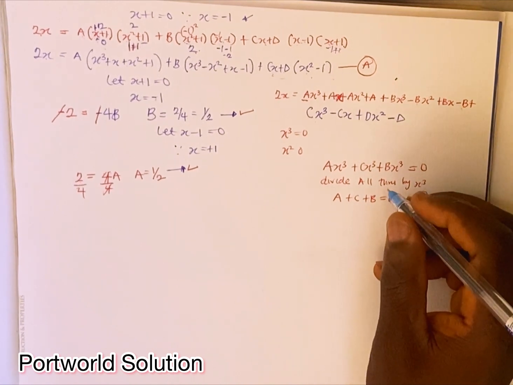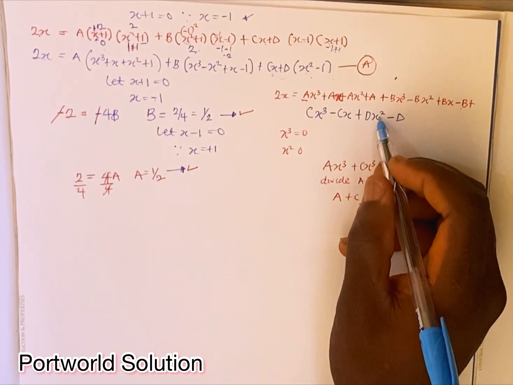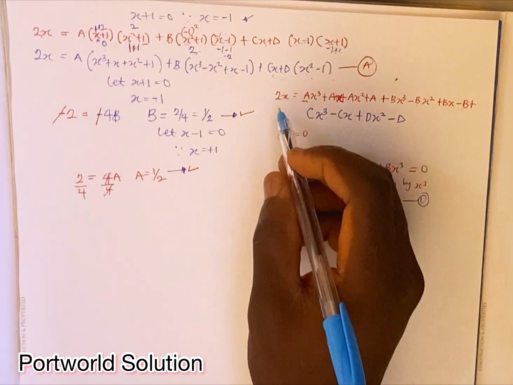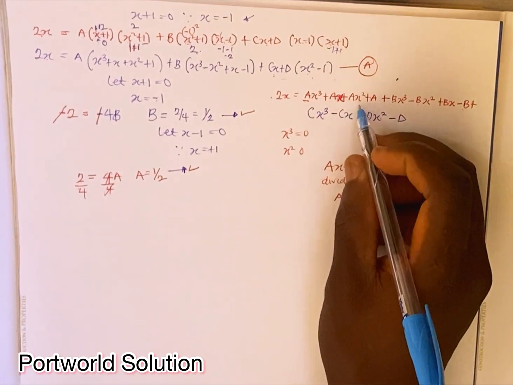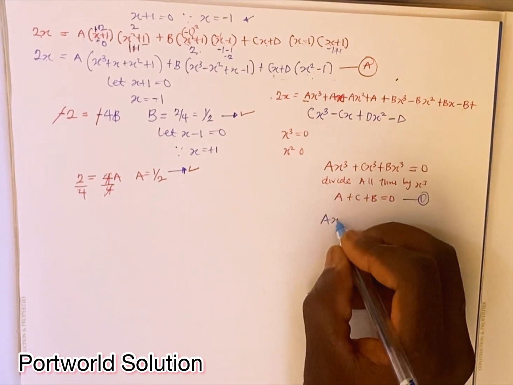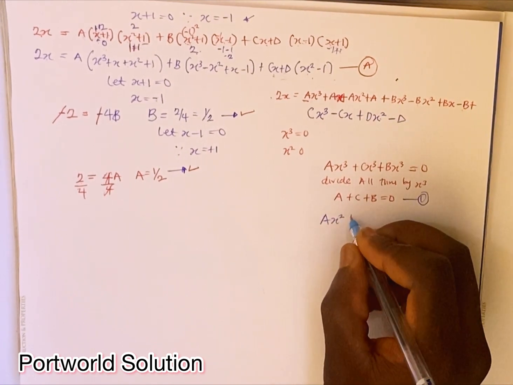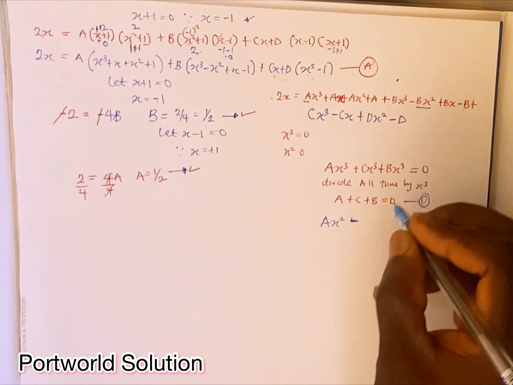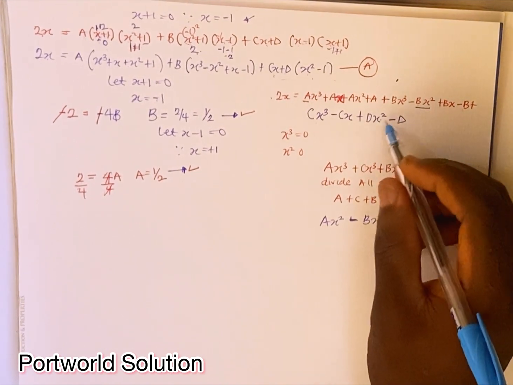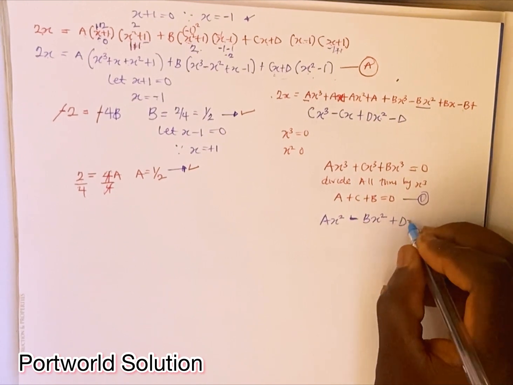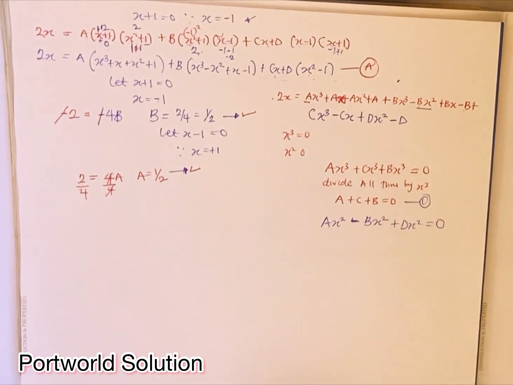Then let's do the same thing for d. D is having x squared, right? So the power of x squared on this side is actually 0. So that means I can just compare those that have x squared. I'm going to have my a x squared, right? Then minus b x squared, right? Then again plus d x squared equals 0. That's very good.